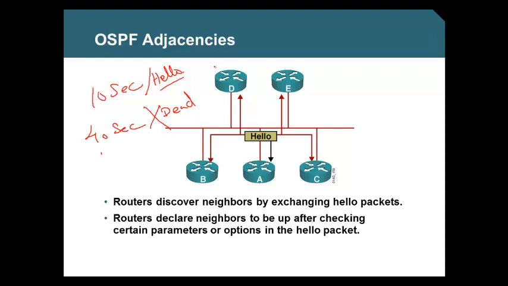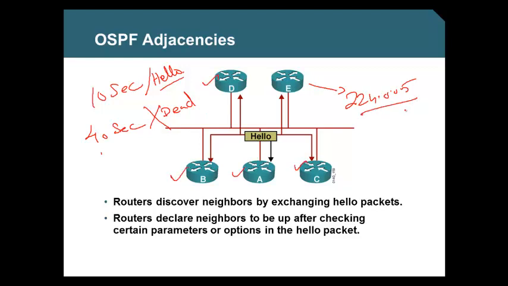Likewise, OSPF sends hello from every router via every link using a multicast address 224.0.0.5. When D sends a hello packet to this address, or let's say E is sending a hello packet to this address, when it says hello, all can hear that.